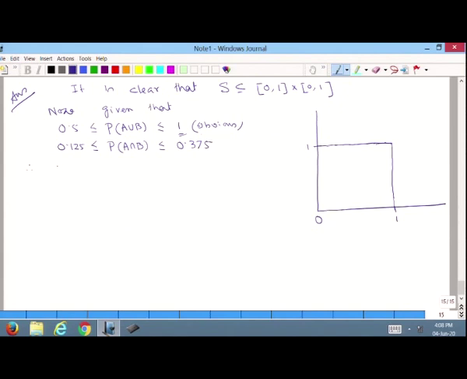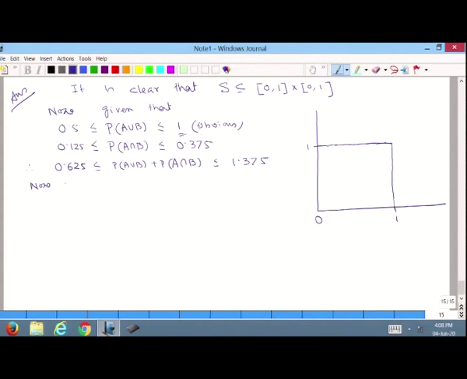Therefore, 0.625 less than or equal to probability of A union B plus probability of A intersection B less than or equal to 1.375.